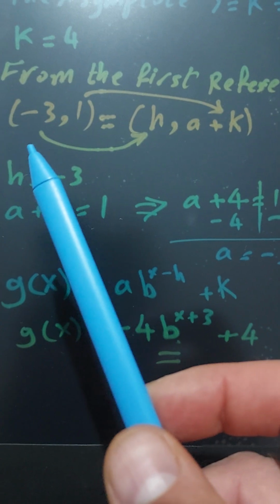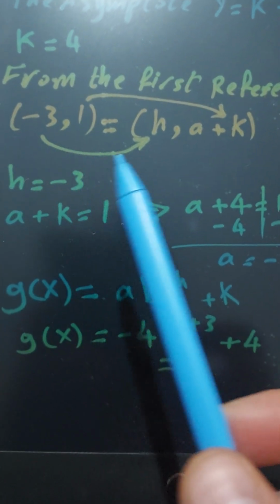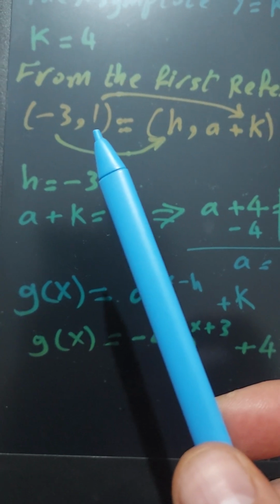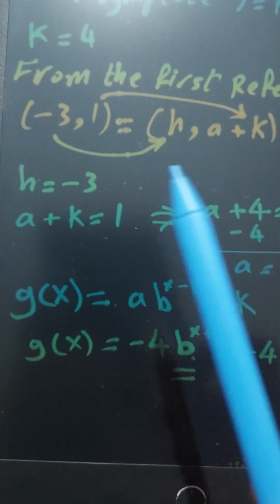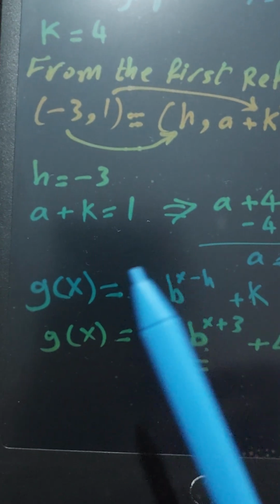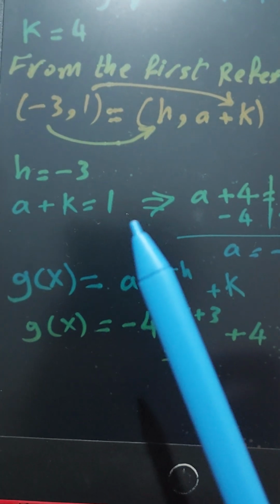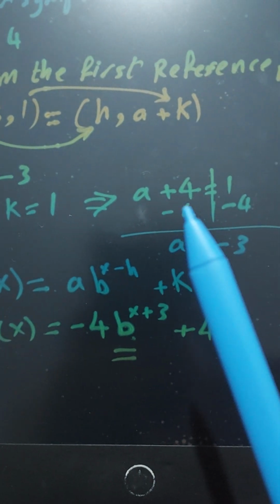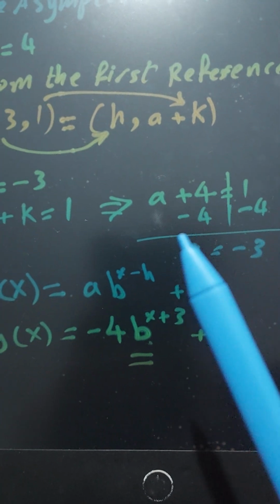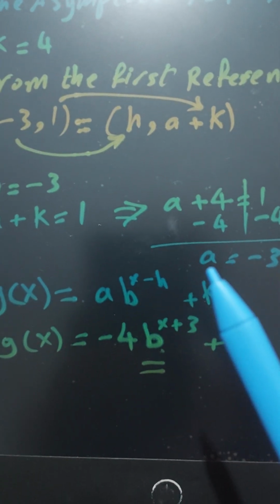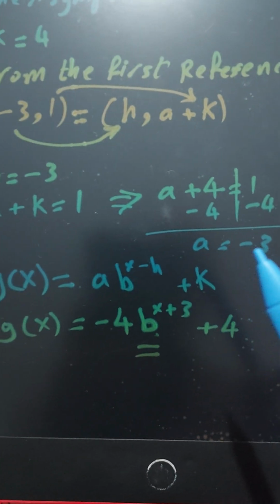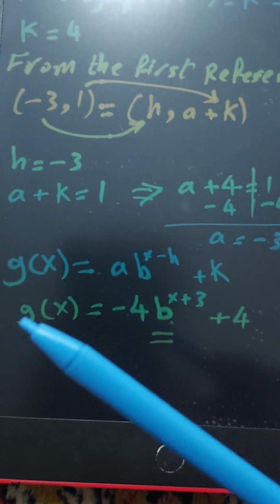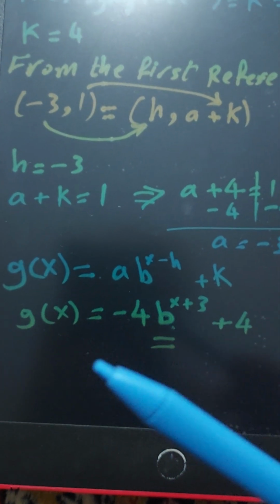From the reference point, we can see that h equals -3, and the second value 1 equals a plus k. We know the value of k, so a plus 4 equals 1. We move 4 to the other side, so 1 minus 4, and that will be a equals -3.